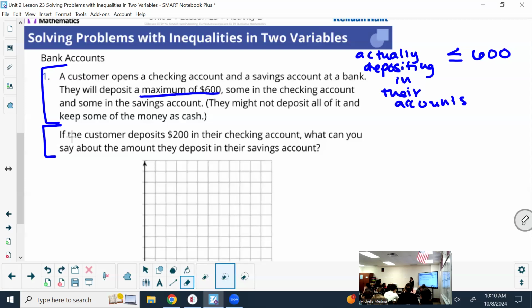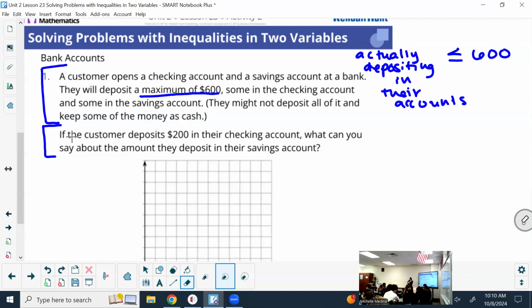They might not deposit all of it and keep some of the money as cash. Okay. So did they say a certain number that they are for sure putting in one of their accounts? So we don't know what they're putting in either.